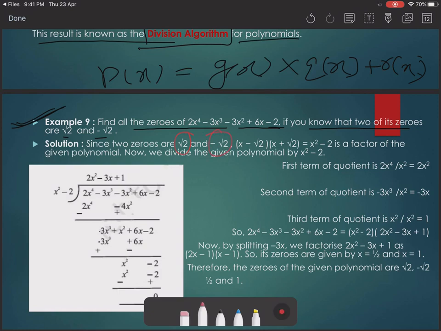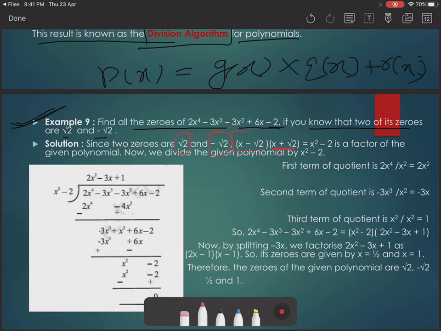Therefore, if root 2 is a zero of this polynomial, then x minus root 2 is a factor of this polynomial, which you studied in class 9th, the factor theorem. Similarly, if minus root 2 is a zero of this polynomial, then x minus of minus root 2, that means x plus root 2, is also a factor of this polynomial.